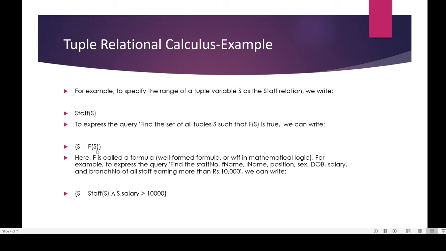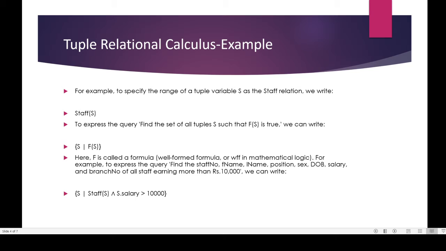Consider another example. Find the staff number, first name, last name, position, sex, DOB, salary, and branch number for all staff earning more than 10,000. The tuple relational calculus is: {S | Staff(S) ∧ S.salary > 10000}.